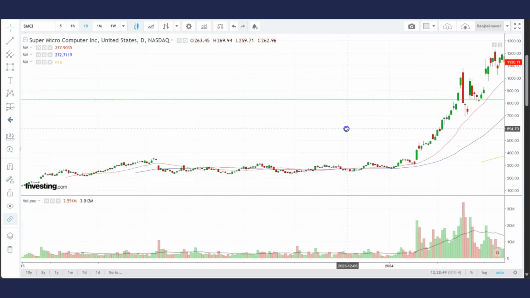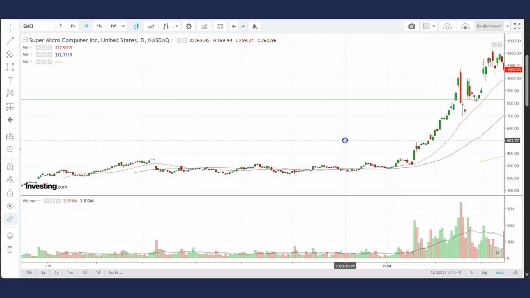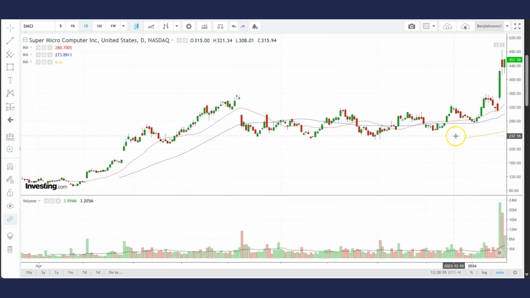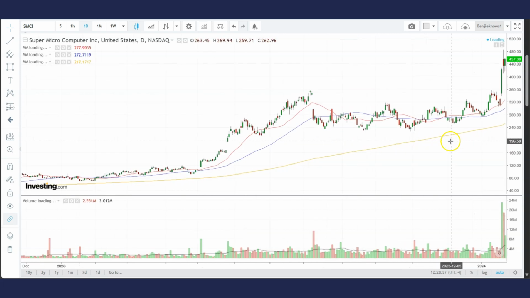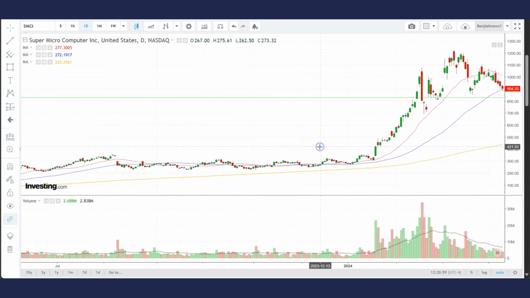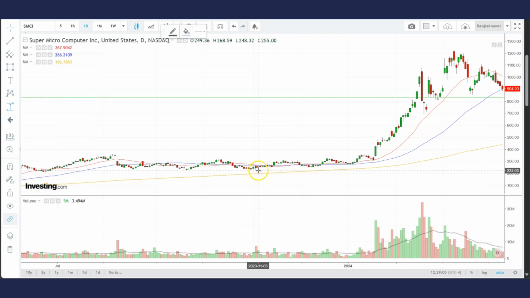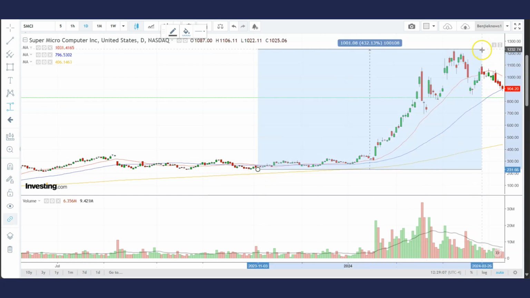Now this stock has been going up for a very nice move from about this area. If you take the lows about here, let's take a look at the price range. If we take about here to this highs area, it has gone up by more than 400% in a very short period of time.